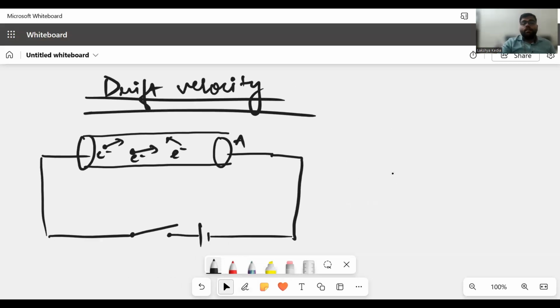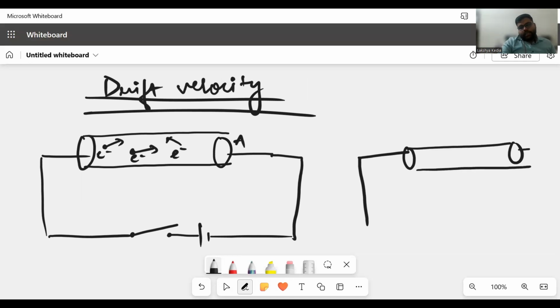But when we apply a desired voltage or a particular electric field in a particular direction, then the electrons move, right? So let's make the circuit closed, right? So this is how it works. This is plus, this is minus.